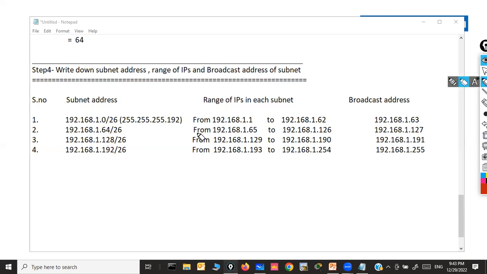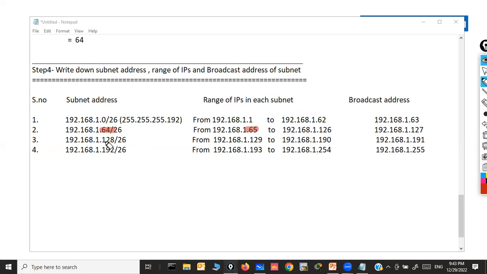Now, how have I done the computation? I started with 1.1, and the last number here is 64, but 64 is the beginning of the next subnet. So obviously the last number would be 63, but the last address is the broadcast address, reserved, so I took 62 here. Again, if you look at the second, I started with 65.